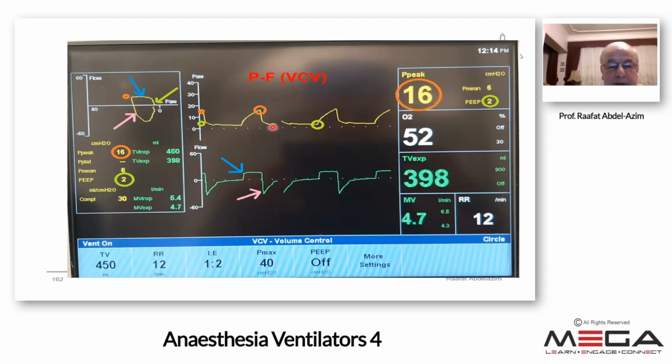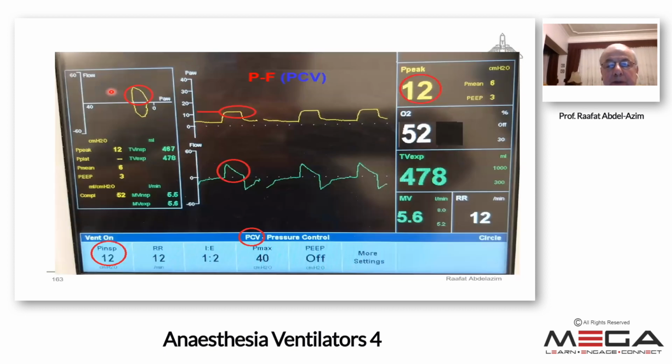I described this already. The points seen here in this graphical display of scalars will be seen on the loop display. The pressure flow loop during pressure controlled ventilation, as I said, the pressure is constant, no peak, no plateau. And here it will be seen reaching the peak pressure, it will be constant here.